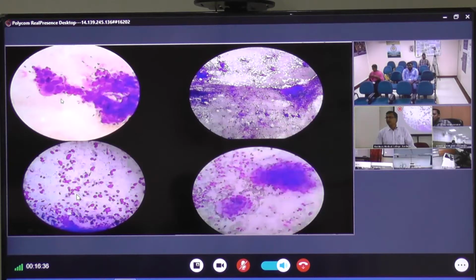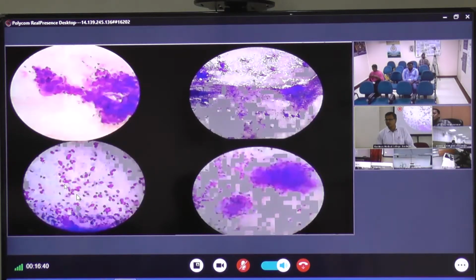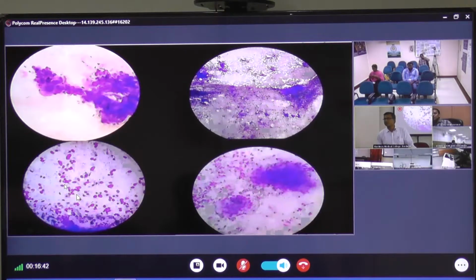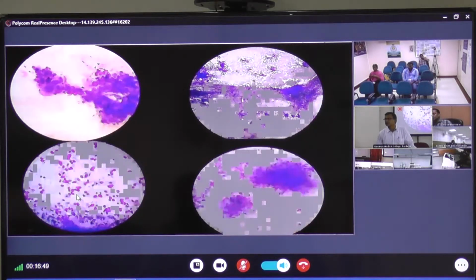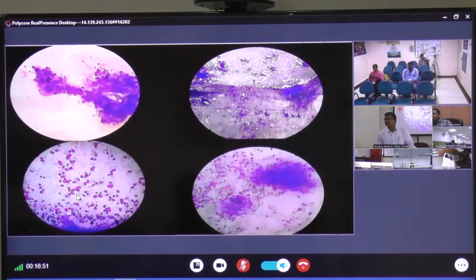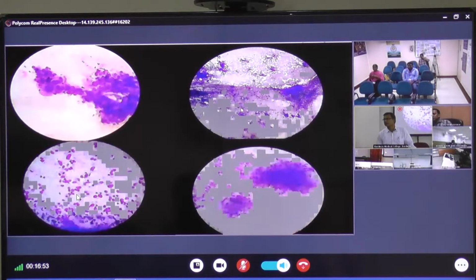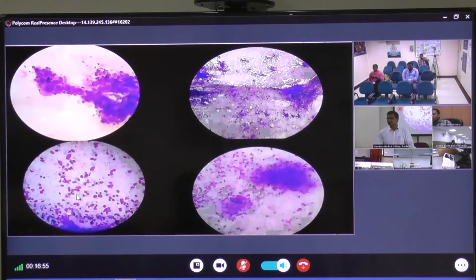The lower left is taken from a sarcoma, where we can see pleomorphic hyperchromatic cells arranged in a dispersed fashion. The upper right is from a benign inflammatory lesion of lung, with benign epithelial cell clusters on a background of inflammatory cells. And this one is taken from a tuberculous lesion, where we can see the granulomas.